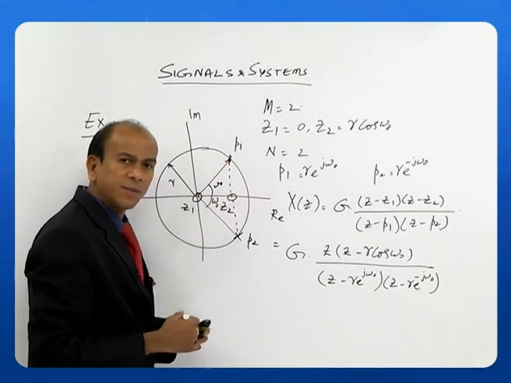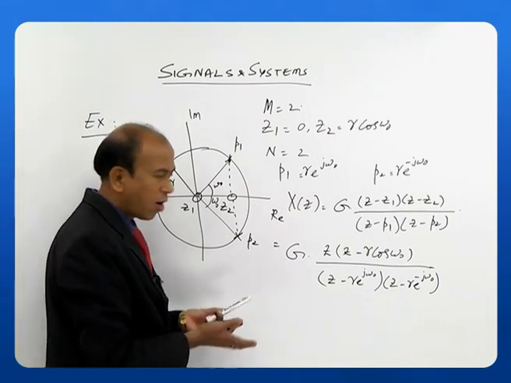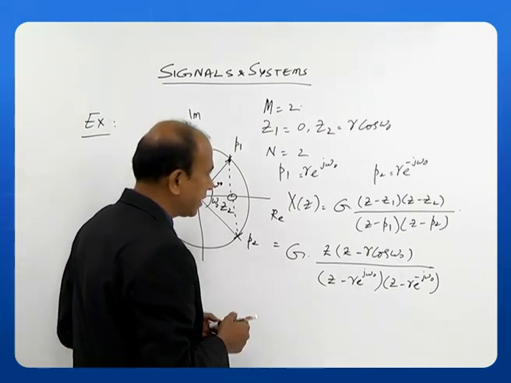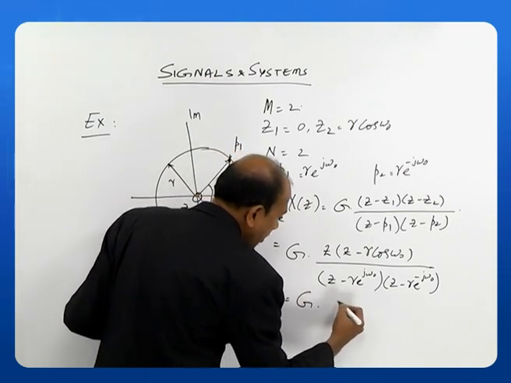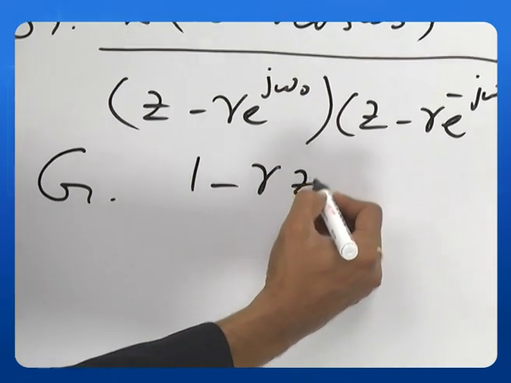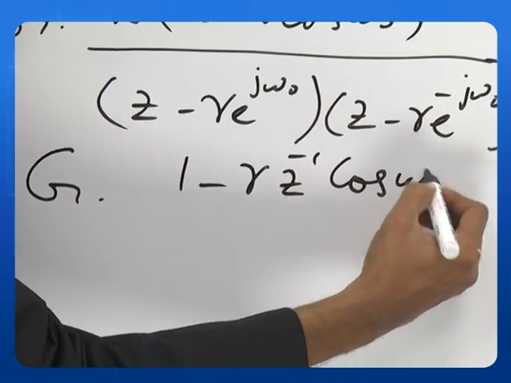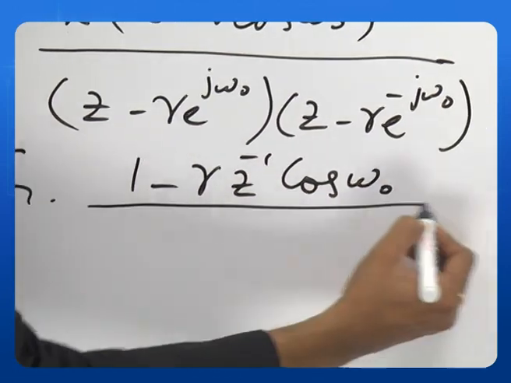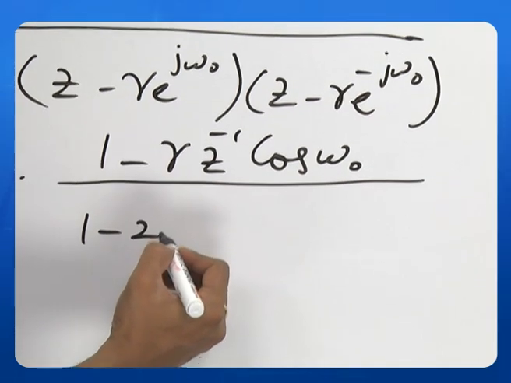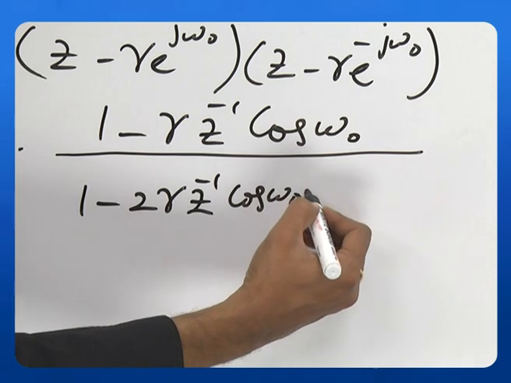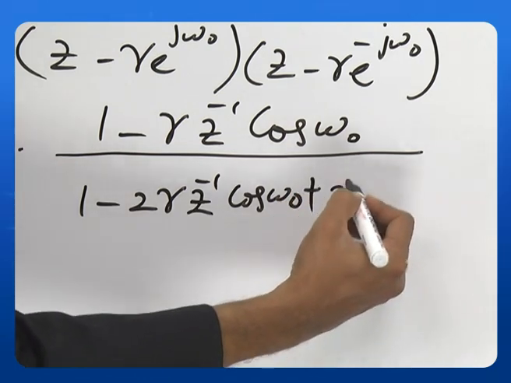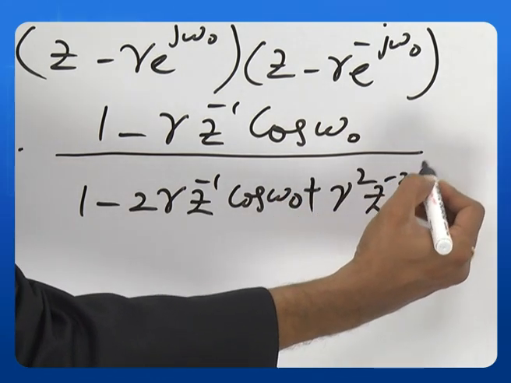Now you have to simplify this. After simplification, I can write this as g into 1 minus r z to the power of minus 1 cos omega naught, divided by 1 minus 2 r z to the power of minus 1 cos omega naught plus r square z to the power of minus 2.